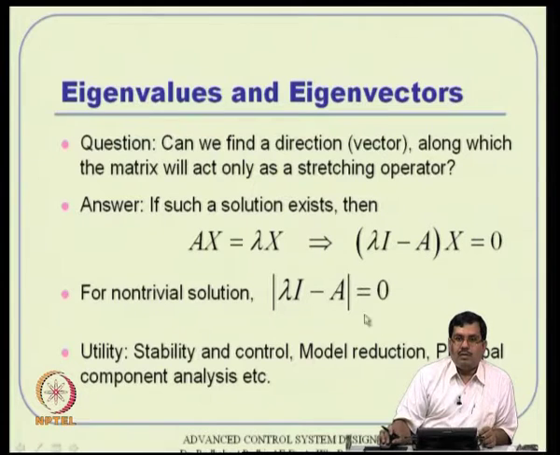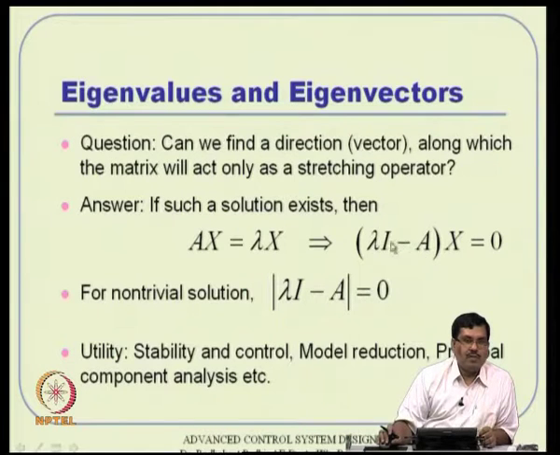So for a non-trivial solution, this will have a solution provided the coefficient matrix is singular. And you may have infinite solutions by the way, because if the coefficient matrix goes singular, the rank of the matrix reduces.